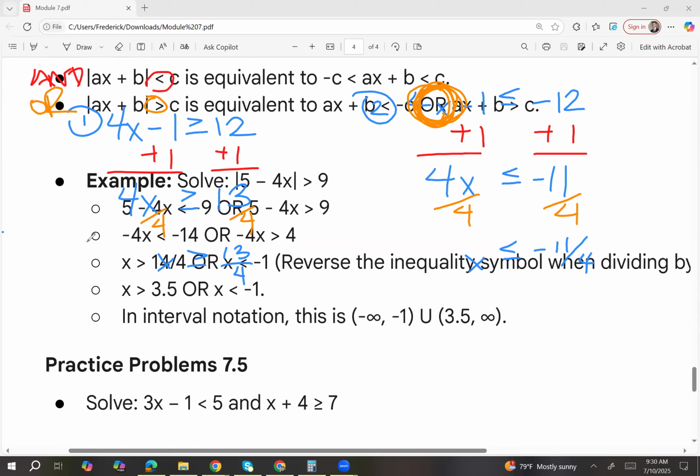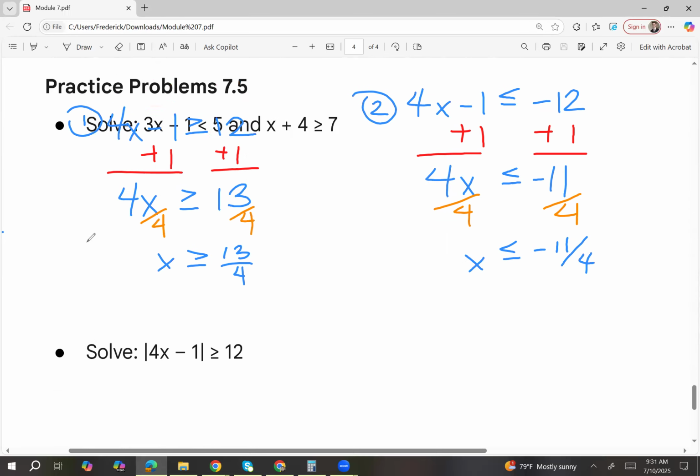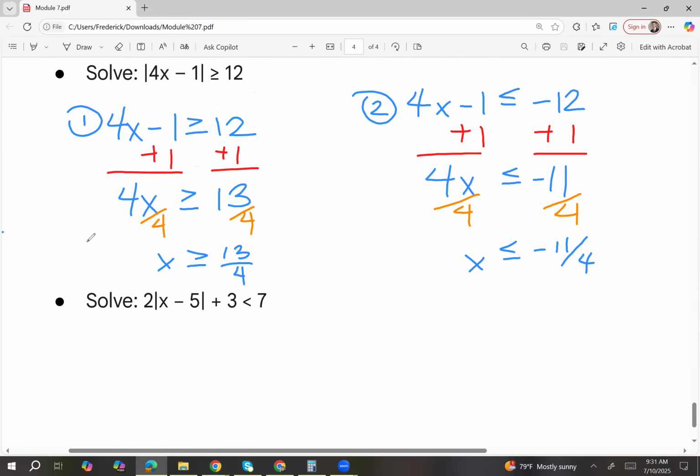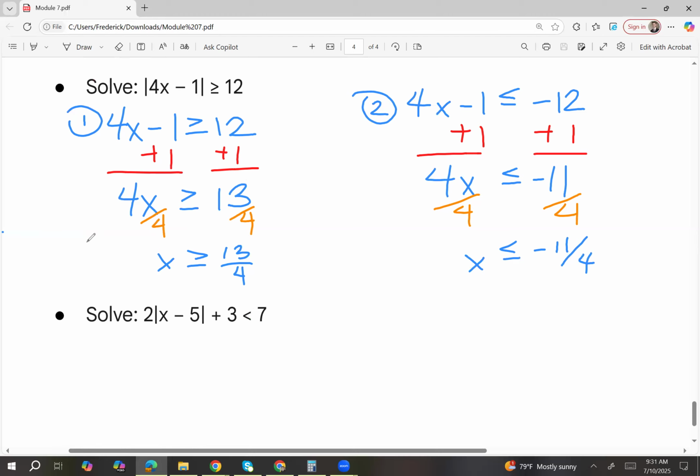Because unfortunately, I did not place the word and on the first bullet point. So what we have is like in the orange, we're looking at a greater than case. We're looking at a greater than.